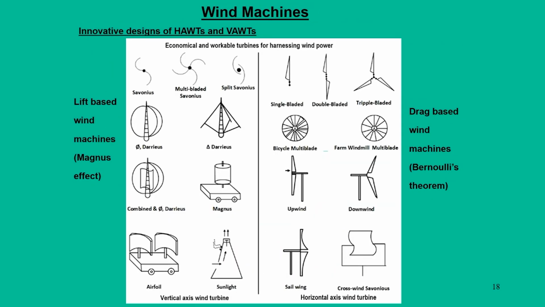And ultimately, if you classify the wind machines based on this horizontal and vertical axis type, this particular slide shows the most economical and powerful turbines that can harness wind power as of now. Moreover, all lift based turbines are based on Magnus effects, and all drag based wind turbines are based on Bernoulli's theorem from a basic fluid mechanics or aerodynamics point of view.